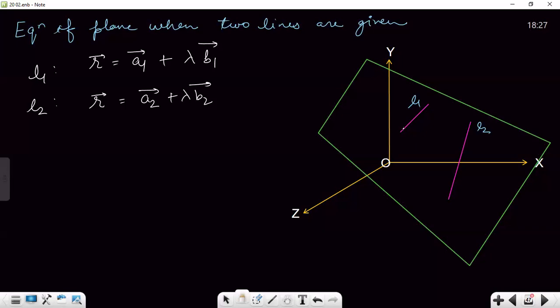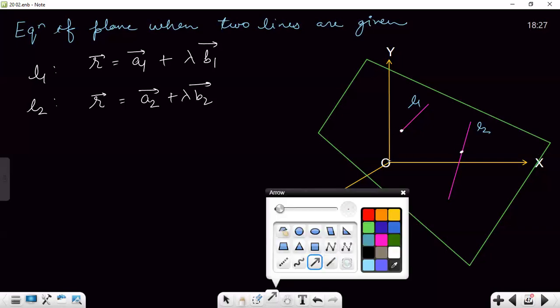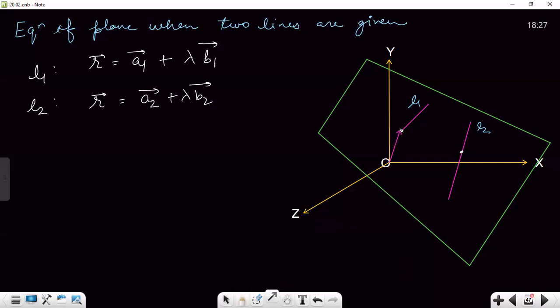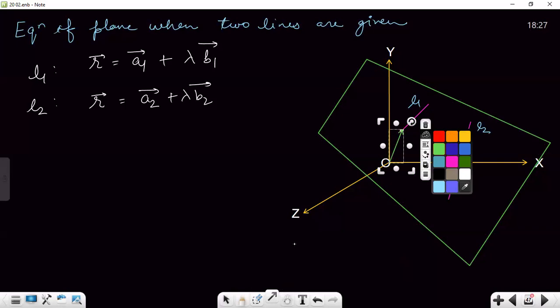So let's say we take this point on this line and this point on this line. I'm actually drawing the a1 vector and the a2 vector.